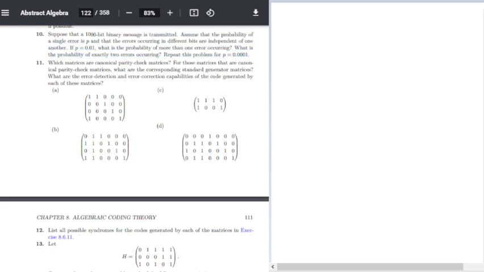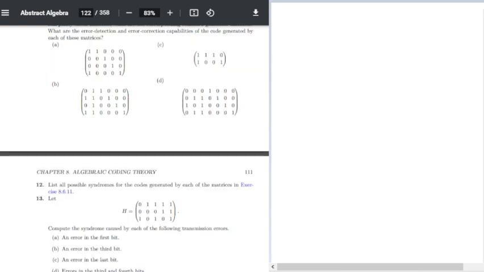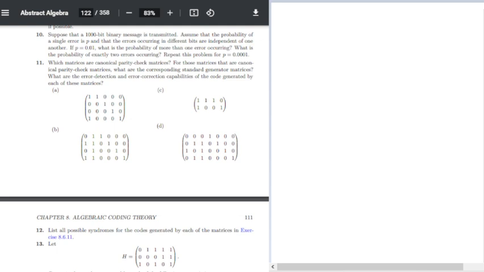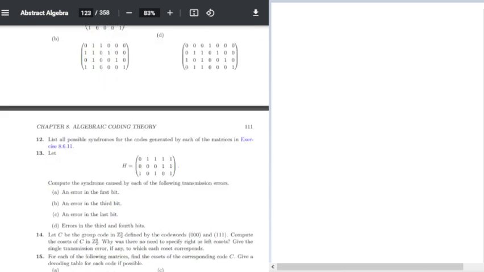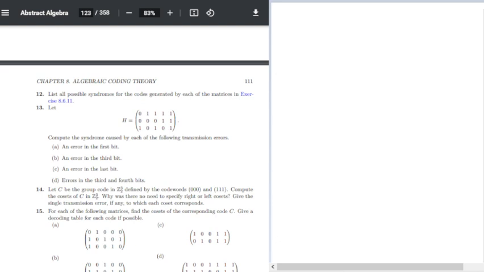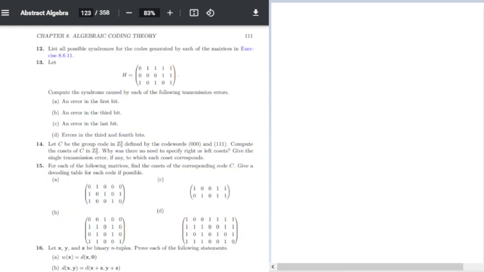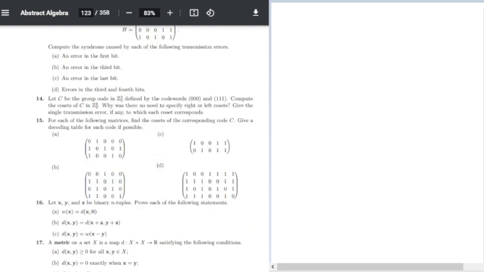Which parity check matrices are canonical? List all possible syndromes. Well, now, I want to get to the proof stuff.